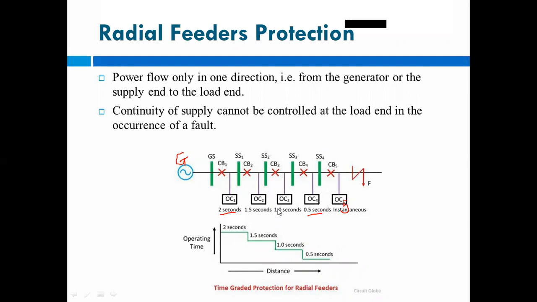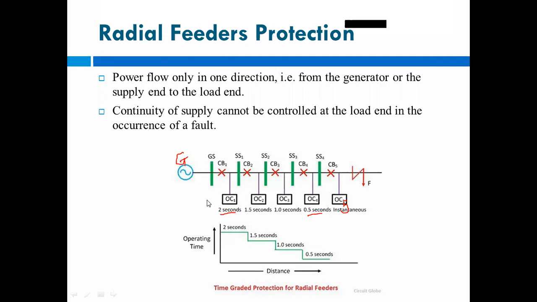So here in radial feeder protection, first concentrate on this diagram. Here you can see there is one generating station. Then substations, or you can say supply systems or substations 1, 2, 3, and 4 are given.